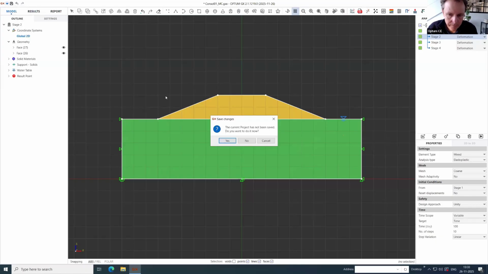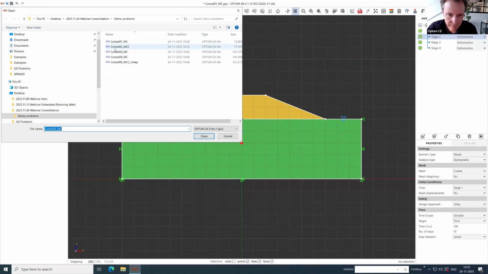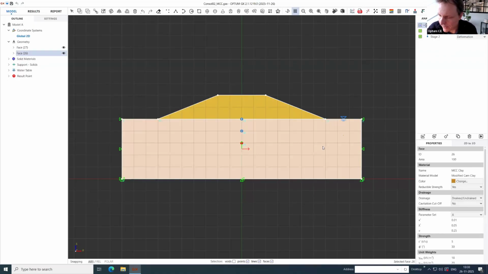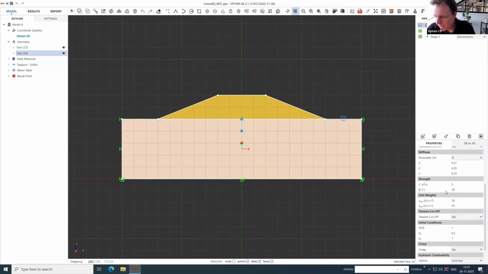So in GX, we have the exact same problem as before, except that the clay down here is now a modified Cam clay material. I've used kappa star and lambda star, these values here. But there is a choice of parameter set. You can choose set B, and that gives you CS and CC.